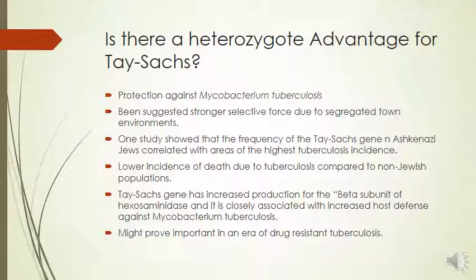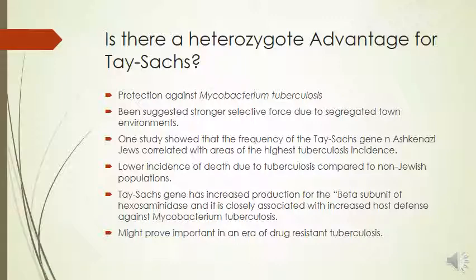And so it has been suggested that Ashkenazi Jews were subjected to a stronger selective force, more so than any other ethnic groups, due to the fact that they lived in crowded town environments, and they did not move out of these areas much. And it has also been observed that the populations of Ashkenazi Jews had a lower frequency of tuberculosis-related deaths when you compare them to the non-Jewish populations who live in similar areas.